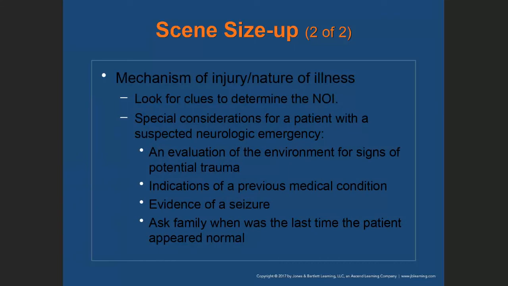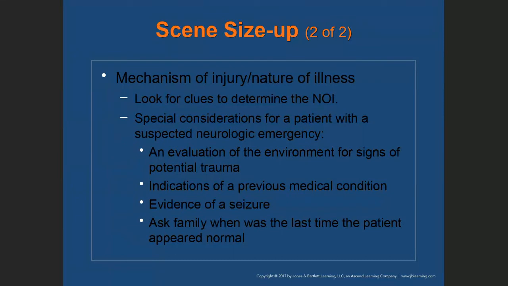Special considerations for a patient with a suspected neurologic emergency. An evaluation of the environment for signs of potential trauma must be done. Indications of previous medical conditions. So look for indicators of a previous medical condition.